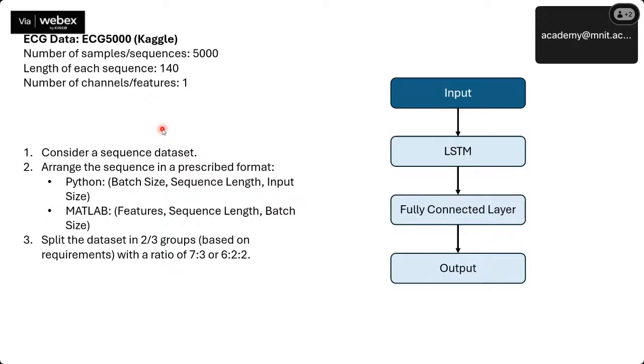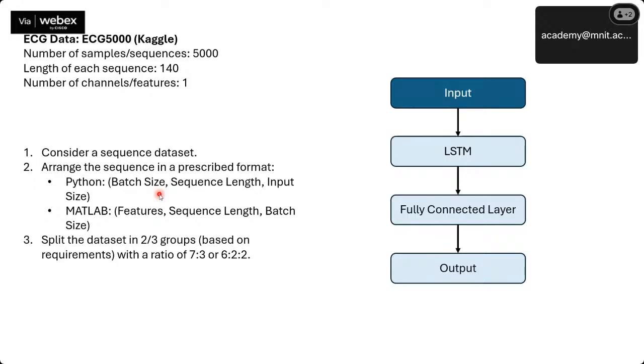Right now, since we are talking about RNN and LSTM in Python, they accept this format. The first tensor dimension should be batch size, the second should be sequence length, and the third should be input size. These are the dimensions, basically. In the case of an image, you have x and y coordinates. In this case, you don't have x and y coordinates, you have only x coordinates, only one sample of data.